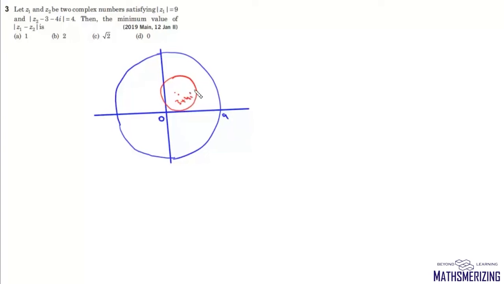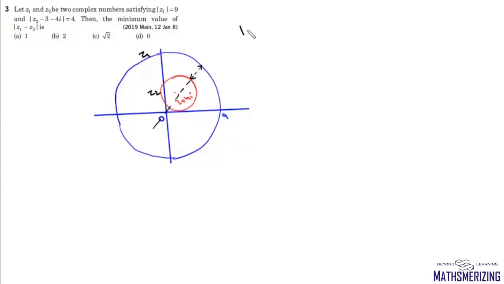Now it says we need to find the minimum value of mod z1 minus z2. Now z1 lies on this outer circle, and z2 lies on this smaller circle, and we know that any modulus is nothing but distance. So we need to find the minimum distance between these two circles, and we know that the minimum distance will occur along the line joining their centers. So this distance is minimum.